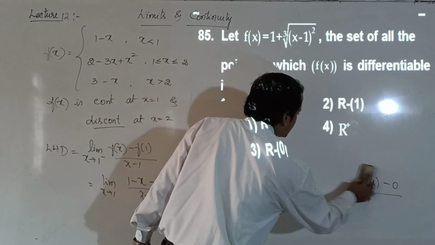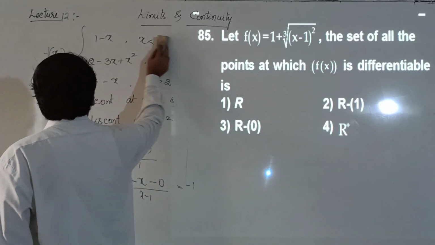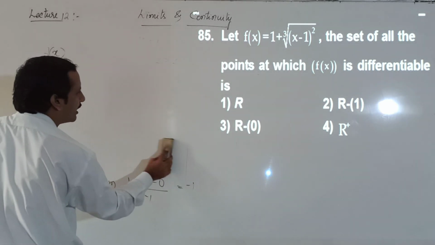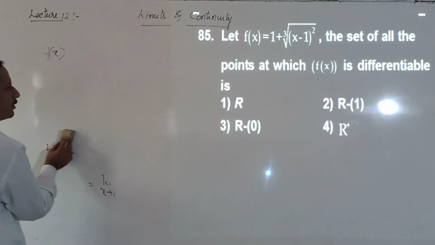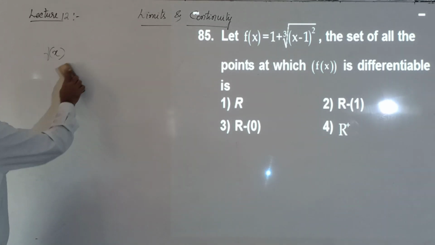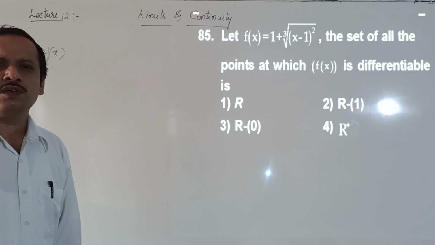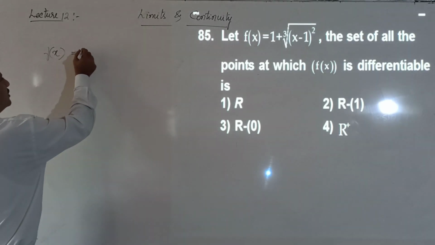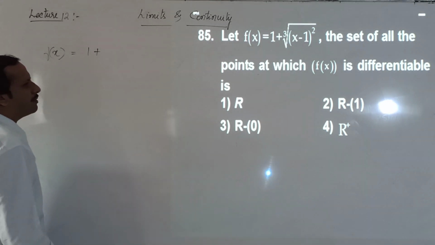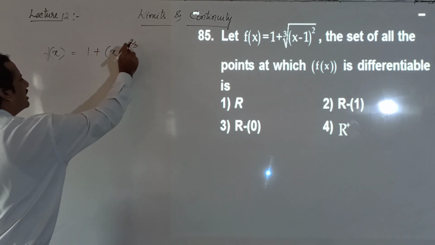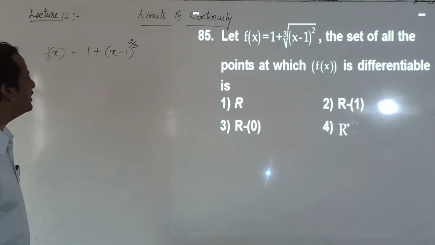85. f of x is equal to 1 plus cube root of x minus 1 whole square. The set of all the points at which f of x is differentiable is. The question is where this function f of x is differentiable. So f of x, 1 plus cube root of x minus 1 whole square, can be written as x minus 1 whole power 2 by 3.